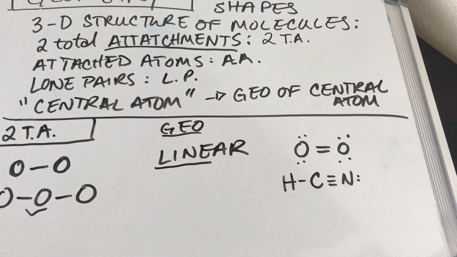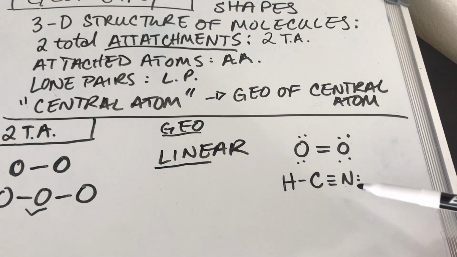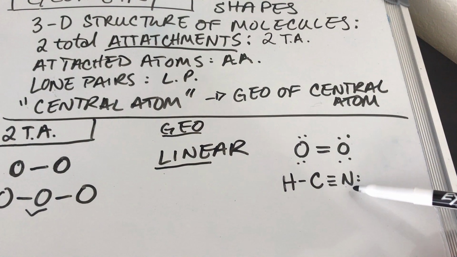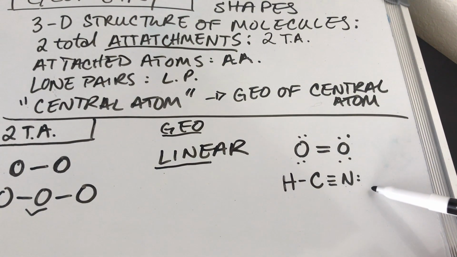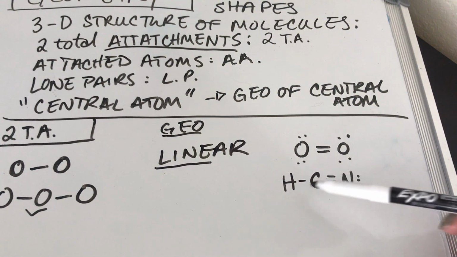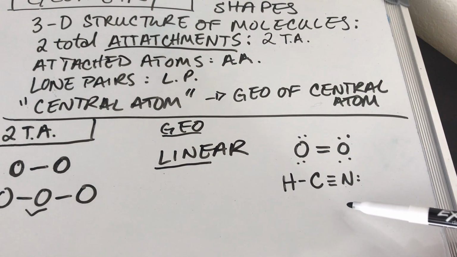Does that make sense? And you can see that hydrogen and nitrogen are aligned next to it, right? But there's no way that this could be any other shape but a line. There's only 2 things attached, no lone pairs. That's linear, okay? You guys picking up what I'm laying down?